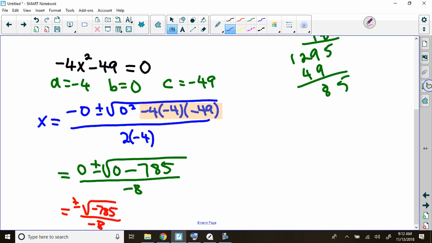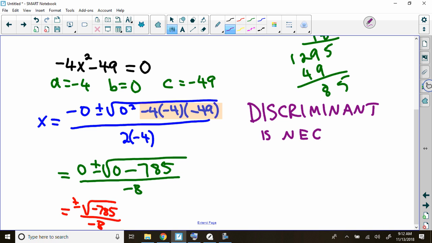Here's our third case, in case you're keeping track. Our discriminant here is negative. Discriminant's negative. I wonder what this is going to mean.